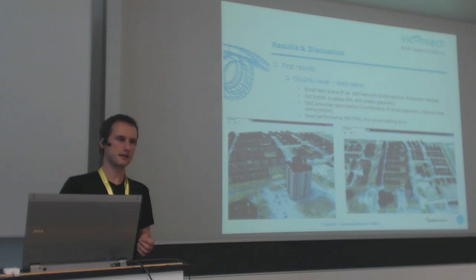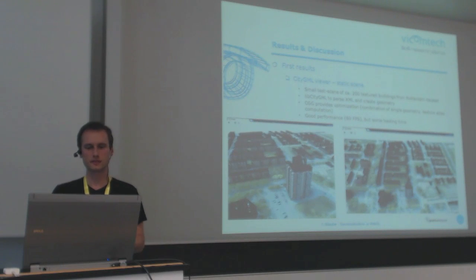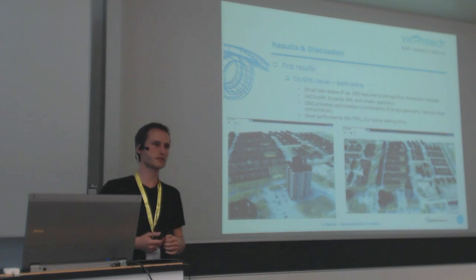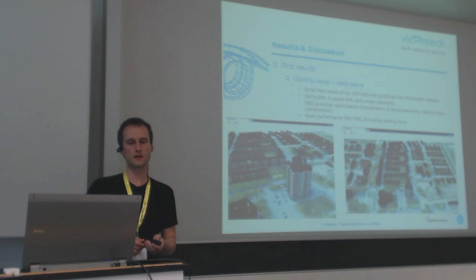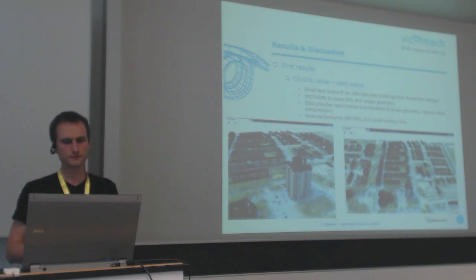So it's a good use case for this methodology because CityGML is quite a complex standard, and there exists a library for C++ which creates just the 3D scene, and with the help of this and our framework, we were able to just show it in the client, in the browser.